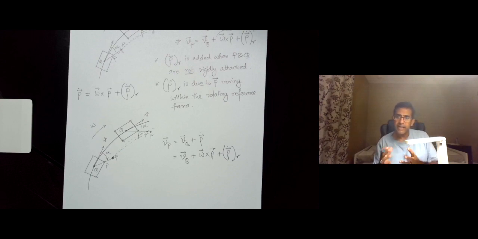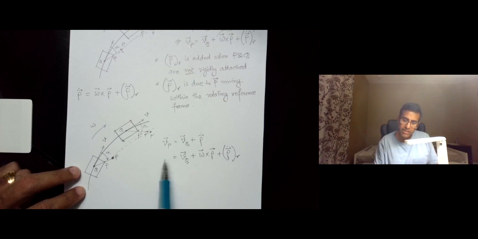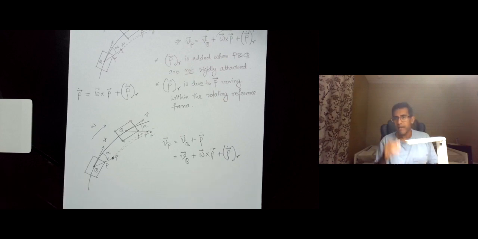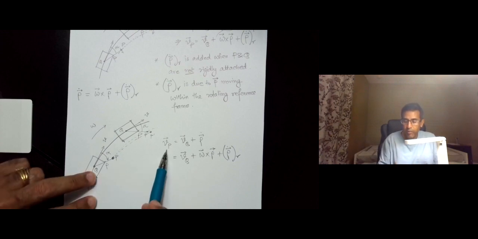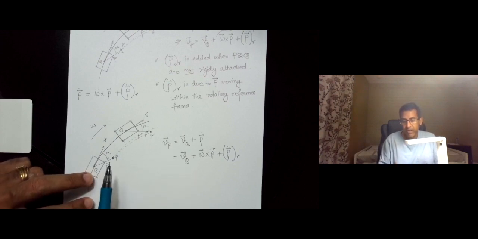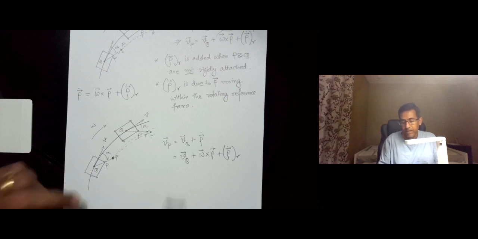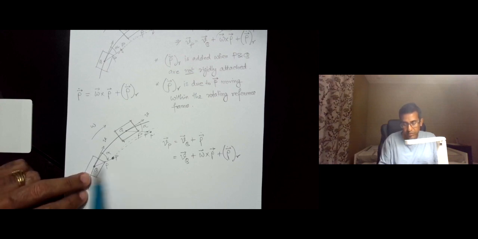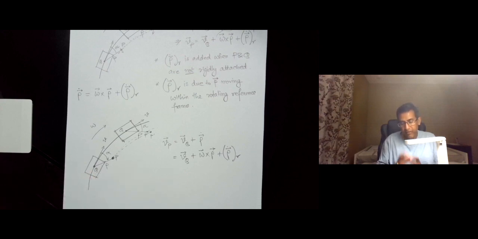So that's an explanation of how this three-term velocity comes into play when you are expressing the velocity of one point with respect to another, where the relative position between the 2 points is a vector, and that vector is inside a rotating reference frame.